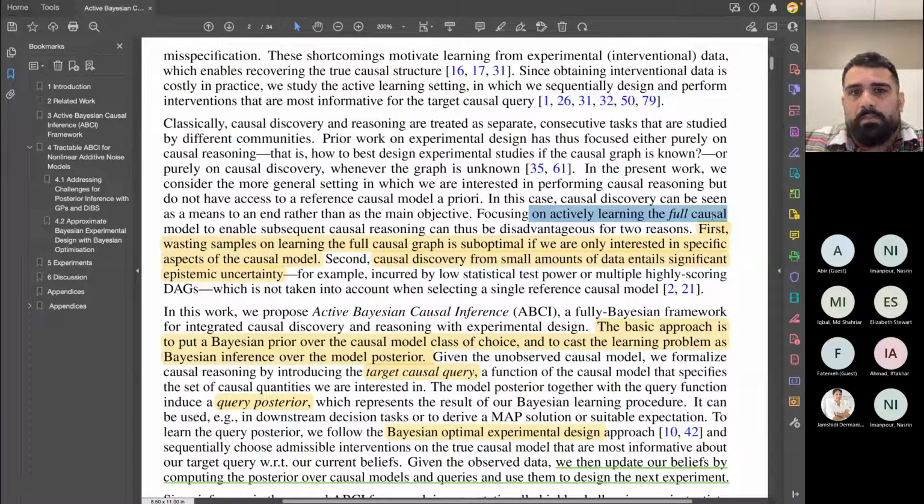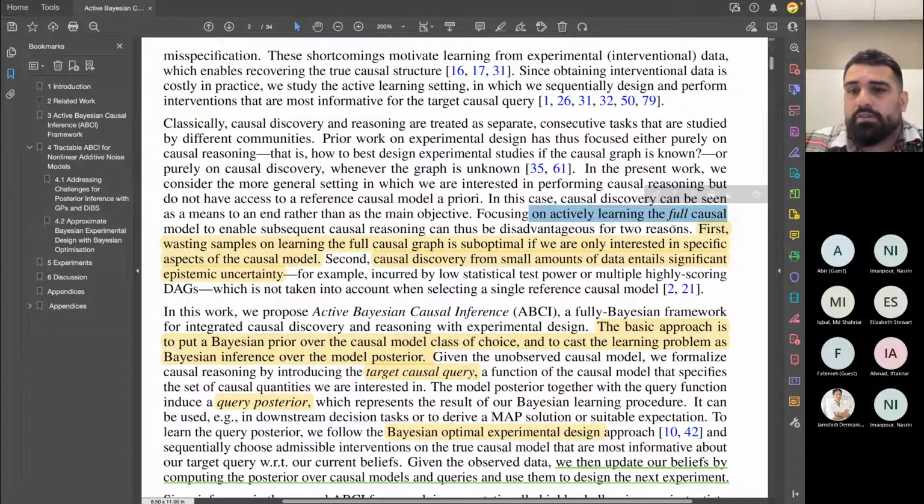A lot of effort is spent on learning the full causal model instead of just learning the important parts, or, based on the query they have, learning just enough to answer the causal questions.